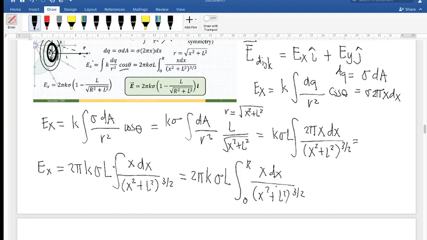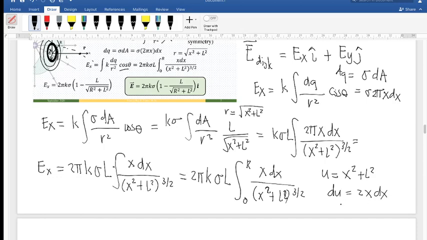So here we can integrate this one by integration by substitution. Okay, by substitution. So that is, we have here let u as x squared plus L squared. So du is actually equal to 2x dx.